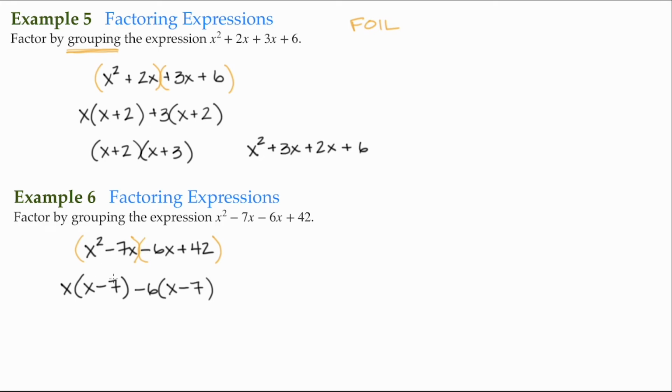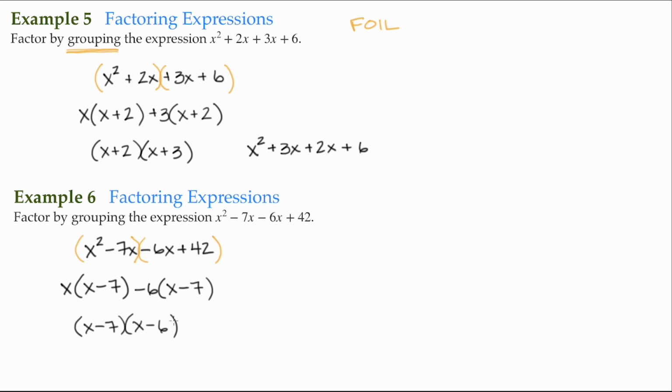X times negative 7, that's negative 7x. Negative 6 times x, that's negative 6x. And negative 6 times negative 7 is 42. And as you can see, we have a common factor again. That's x minus 7. And we're left with x minus 6.